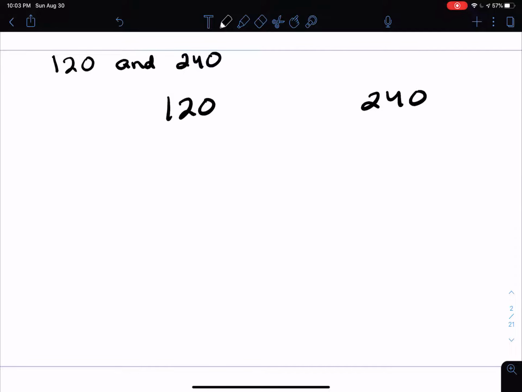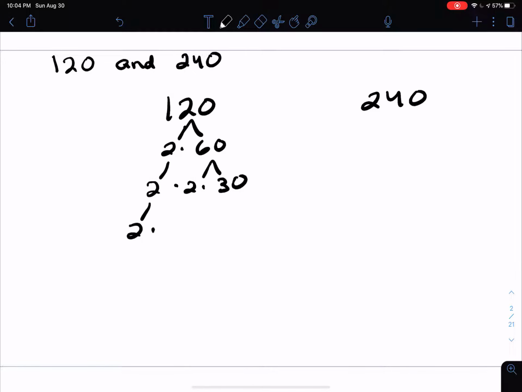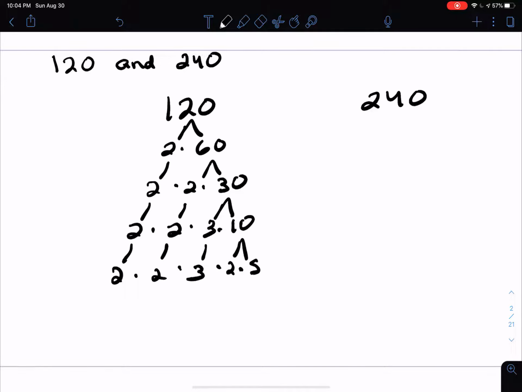All right, for 120, I'm going to break that down into 2 times 60. 2 comes down. 60 becomes 2 times 30. The 2's continue to come down. 30 is 3 times 10. The 2's and the 3 come down. And 10 is 2 times 5. And for 240, that's 2 times 120.